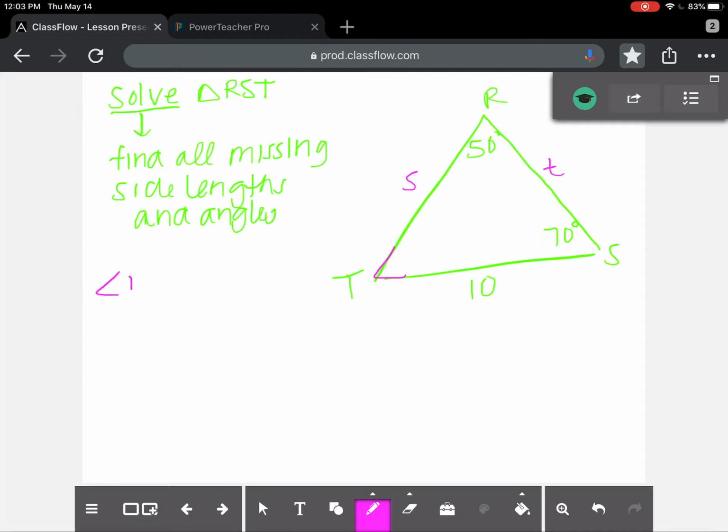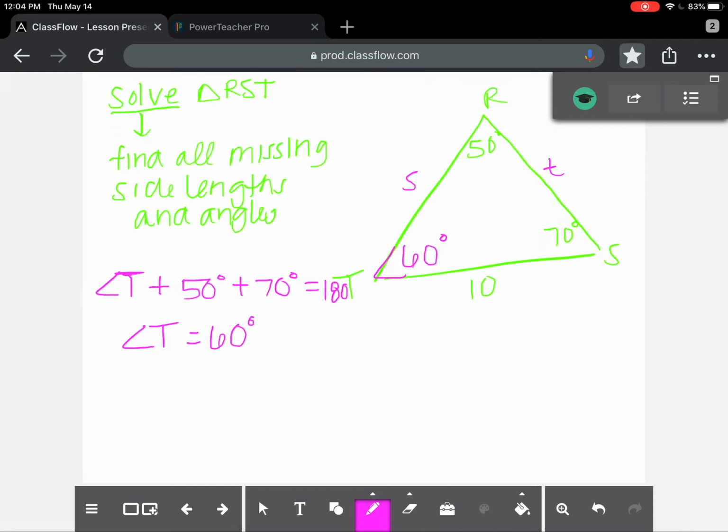All right, so the easiest thing whenever you're given something with two angles already is to find the third angle because of the angle sum theorem. All the angles of a triangle add up to 180 degrees.